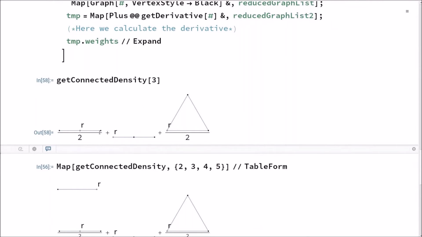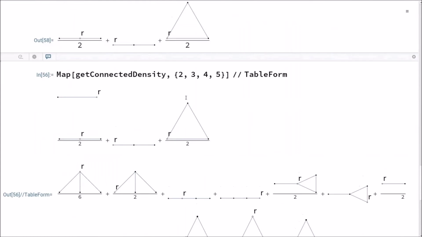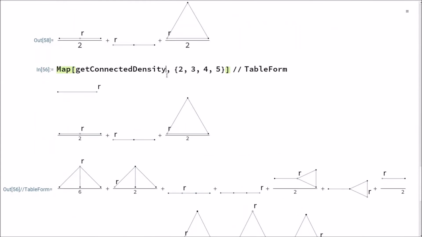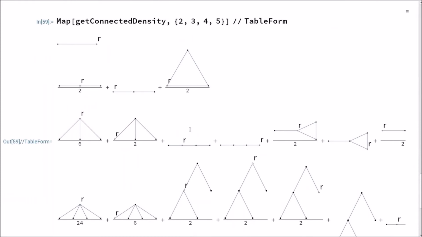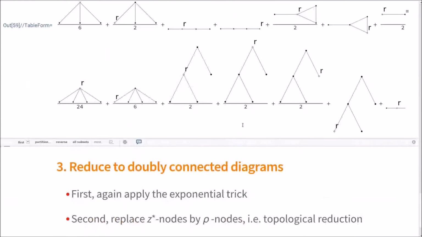So we have here the external point appearing, R, and the cluster functions connecting these 2 points, which have to be integrated. And here the open point is here, and it is here. So we can do this for certain orders, and we see that certain diagrams appear here, and we can again reduce these doubly connected.